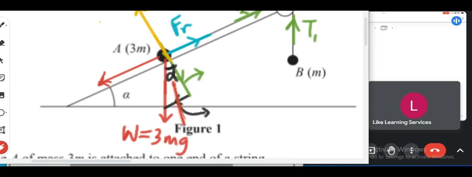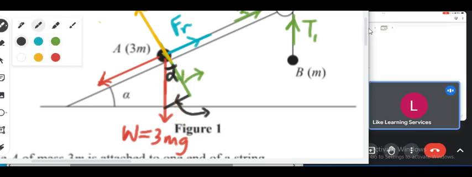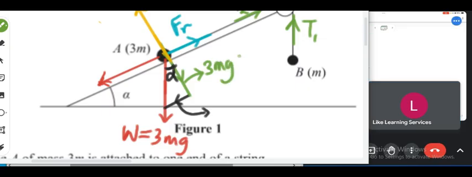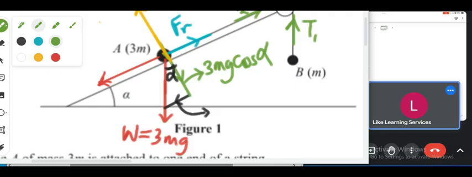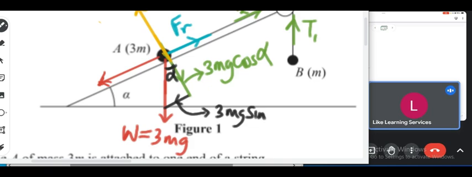The black is opposite to the angle. The green is adjacent to it. So the green, if you remember, your resolution will be 3 mg cos alpha, while the black one will be 3 mg sin alpha, right? Yeah, 3 mg sin alpha.